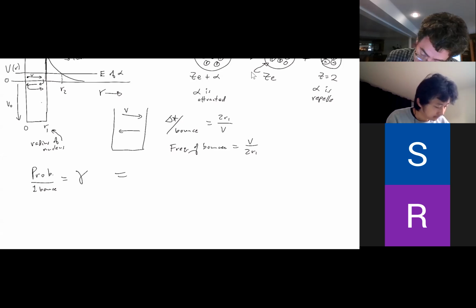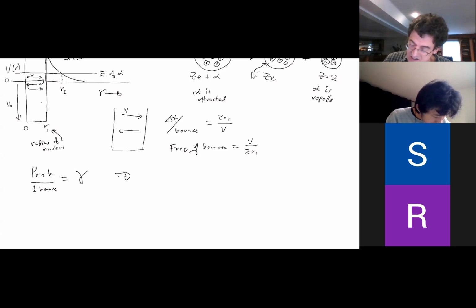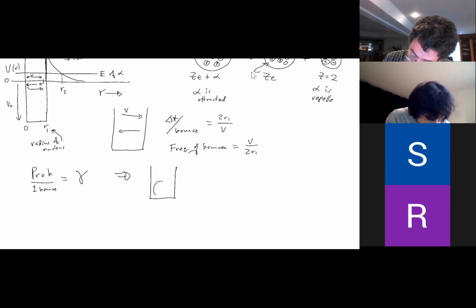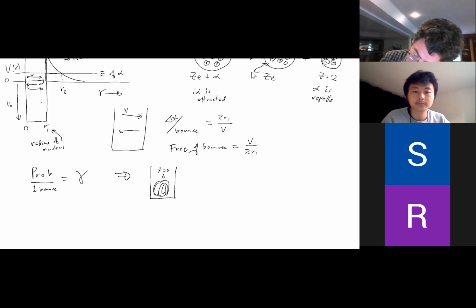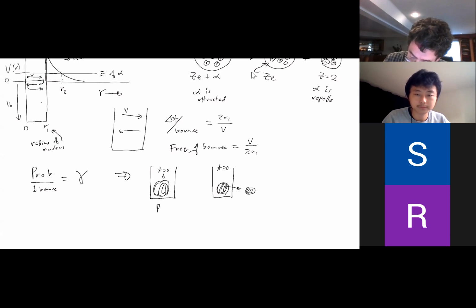So that means that the probability per time, so let's assume that we start with all the probability inside, at t equals 0, but then at t greater than 0, our probability starts to leave, and we start getting probability outside. This is probability less than 1, and this is growing.